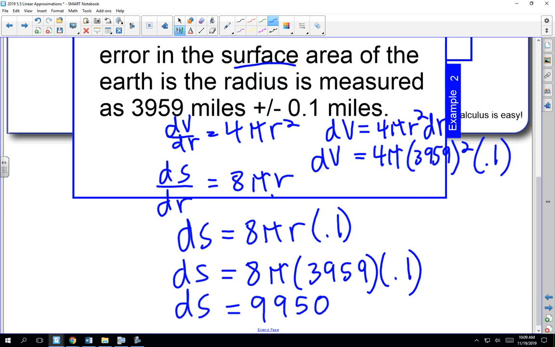And then okay, it doesn't quite work out right here. 8 pi r. So what does 8 pi r look kind of like? It looks kind of close to 2 pi r. It's actually 4 of the 2 pi r. What is 2 pi r? Circumference, right? So 8 pi r has to do with something like a great circle.